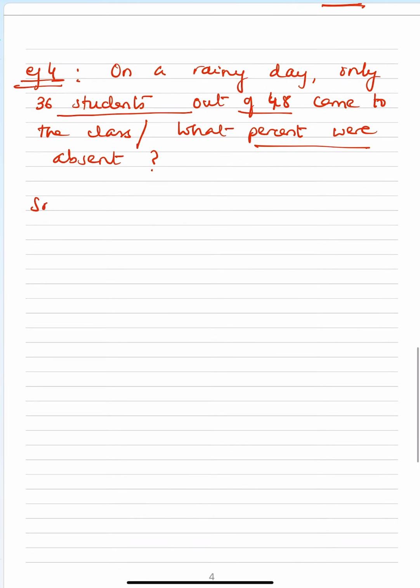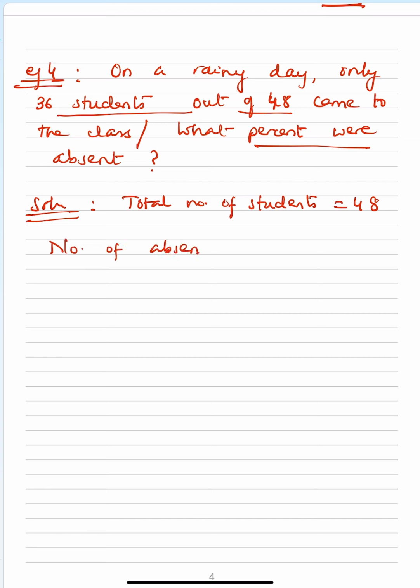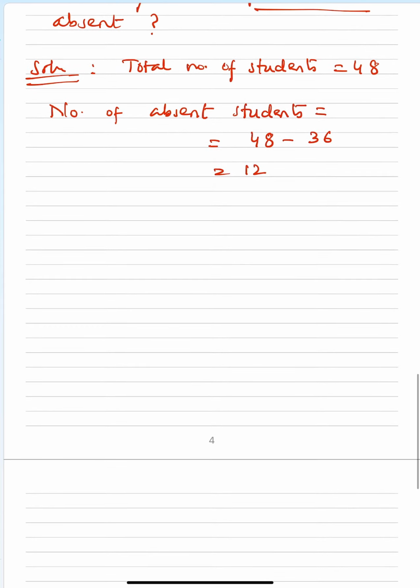Now this is very easy. Total number of students is 48. Now the number of absent students, how will we find? By subtracting the present students from the total number. So 48 minus 36, which is equal to 12. Now we only have to find the percentage.